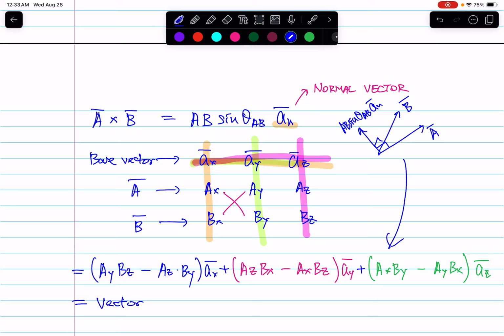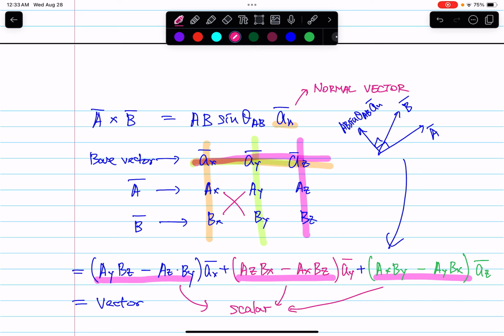So you'll notice that these are all scalars, multiplied by the unit vectors, the base vectors.